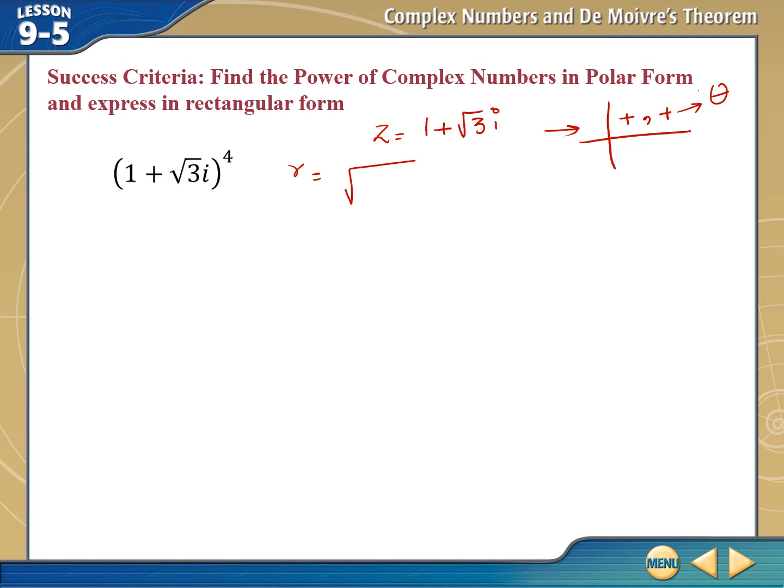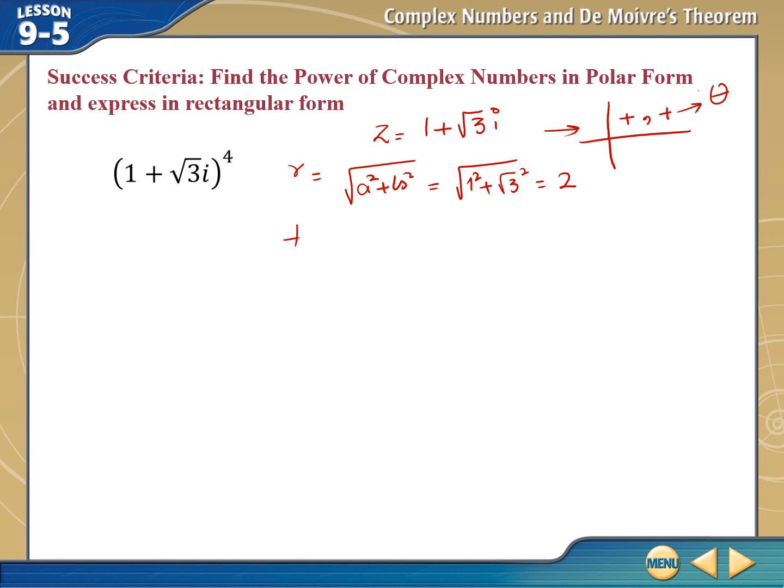The formula for r is square root of a square plus b square. Our a is 1, so it will be 1 square, plus our b is square root of 3, so square root of 3 square. If we write this in the calculator, it will give us 2.